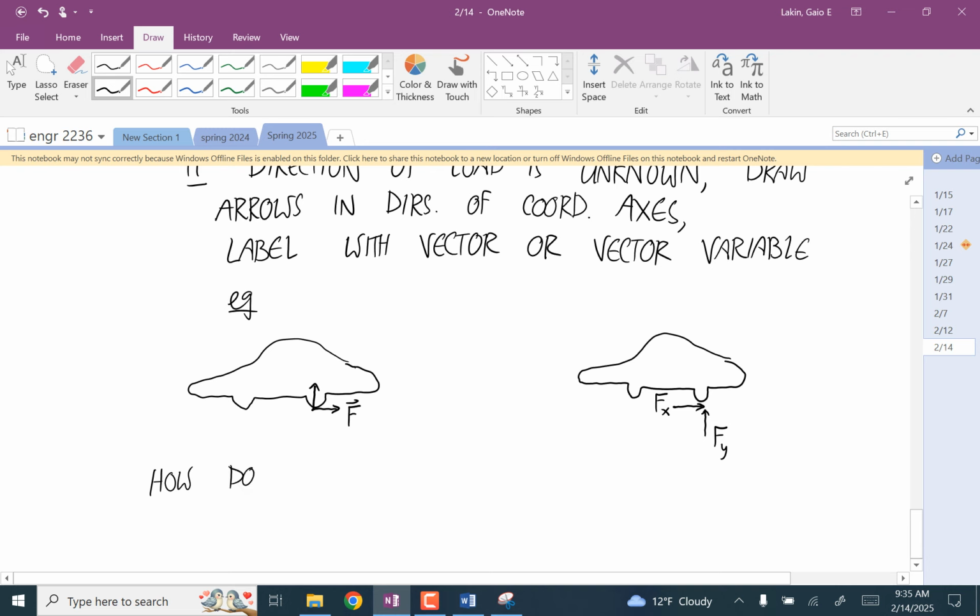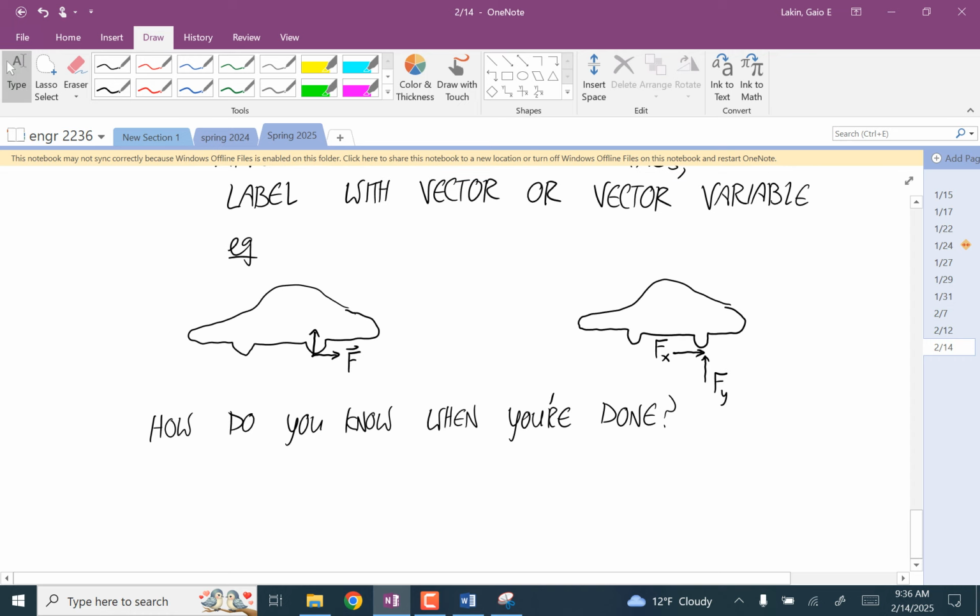So now how do you know when you're done with your free body diagram? Just represent the weight force, or other field forces.